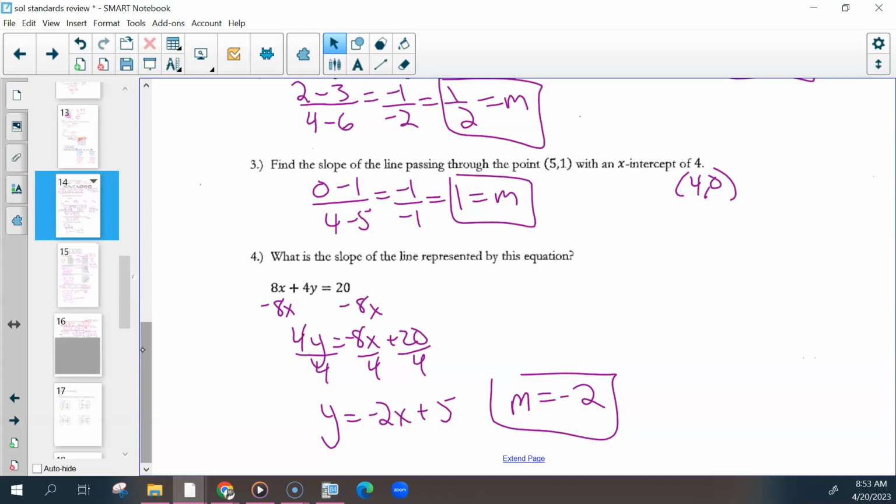If you look at that, there's a folder that says SOL standards. I think it's red.